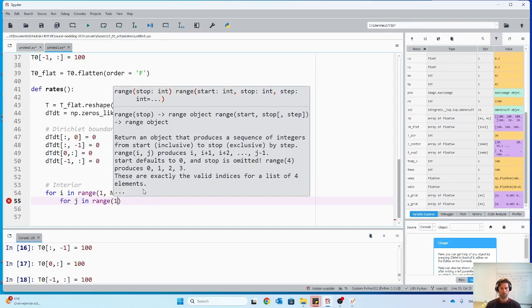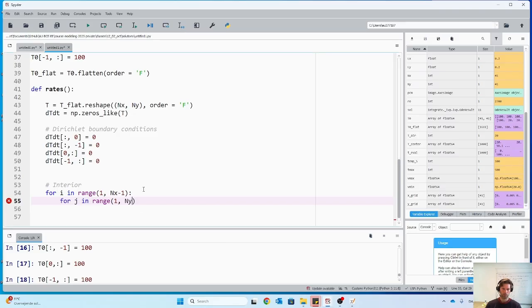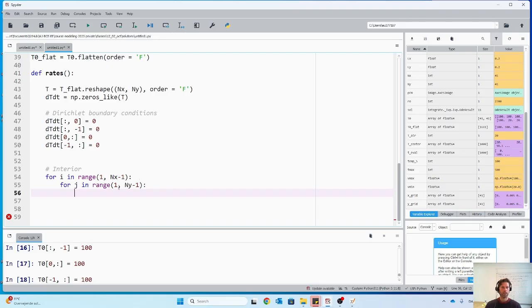And that will also go from 1 but to ny minus 1, because we're going along the other dimension now, nx and ny. And as you see, we are starting at position index 1 and ending 1 before the last, and that is because we already handled position 0 and the last point with the boundary conditions out here. So this is only the interior points we're going to loop through now.